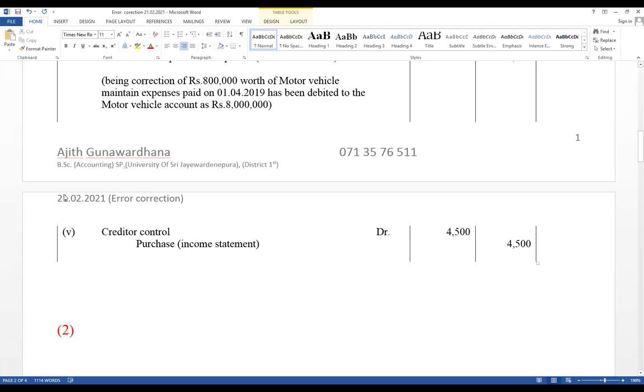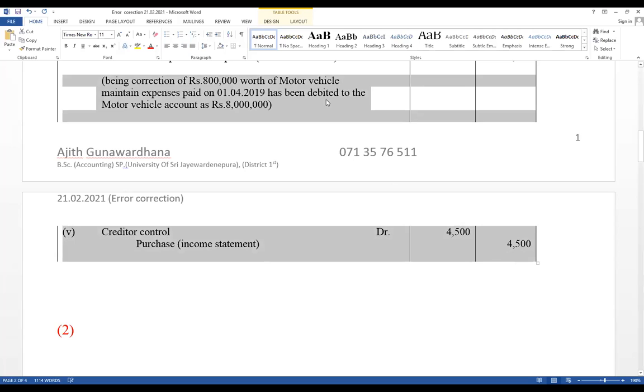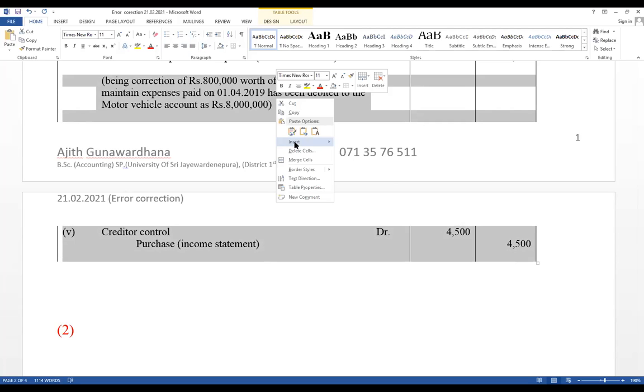Being correction of purchase invoice has been recorded overcasted value.